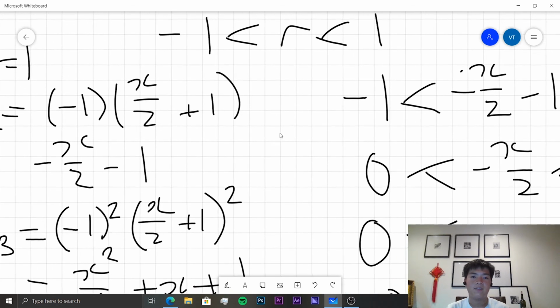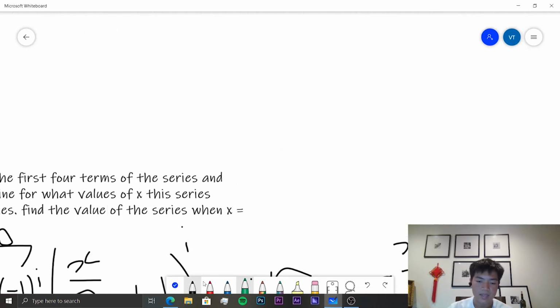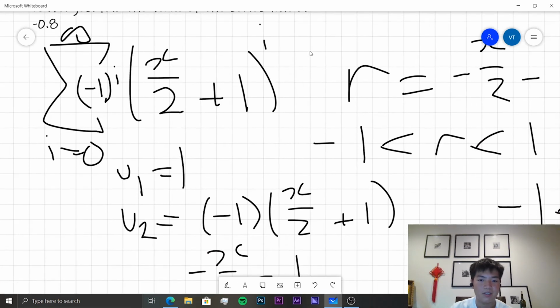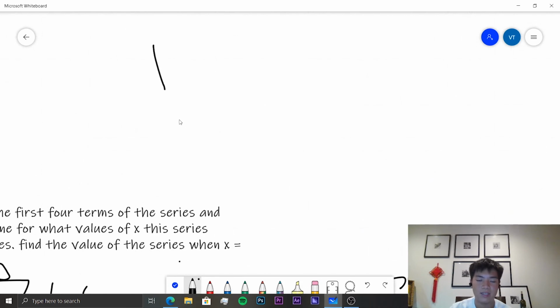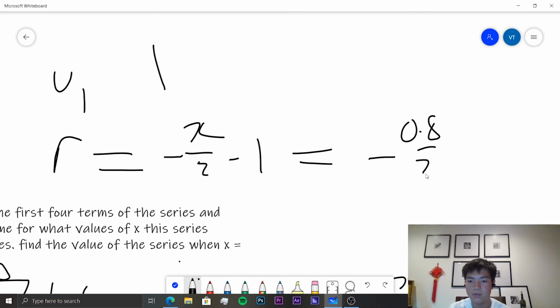And finally, we need to find the value of the series when x is equal to negative 0.8. And, okay, well, when x is equal to negative 0.8, we know the first term is 1, clearly. And we know that the common ratio is equal to negative x over 2 minus 1, which is equal to negative negative 0.8 over 2, minus 1. Why did I say squared?